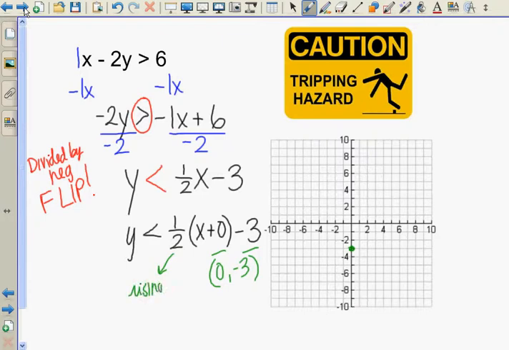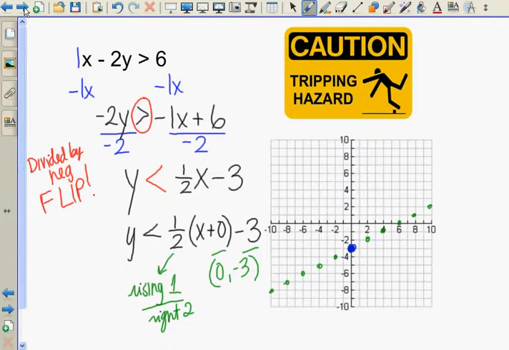My slope is telling me to be rising through my start point. I'm going to rise 1 and go to the right 2. So my start point, rise 1, right 2. There we go. I'm going to change colors on my start point. Not that it matters, just kind of like to see it.